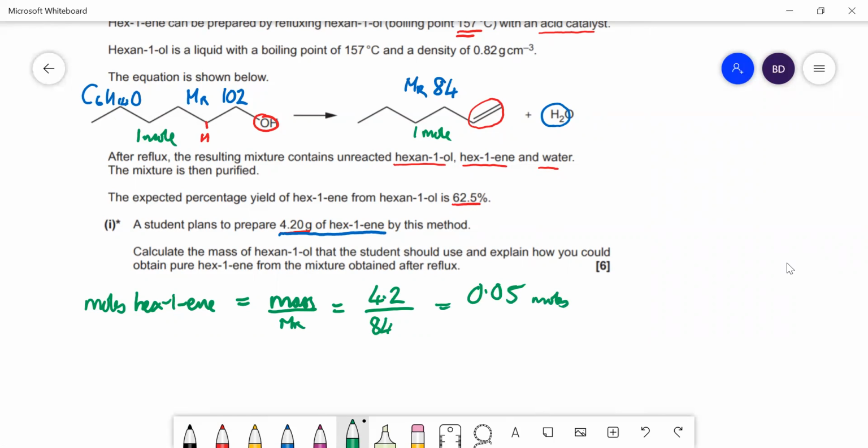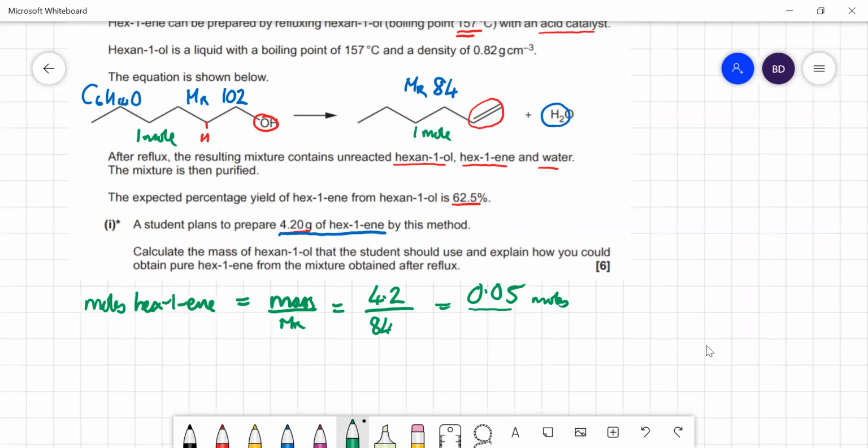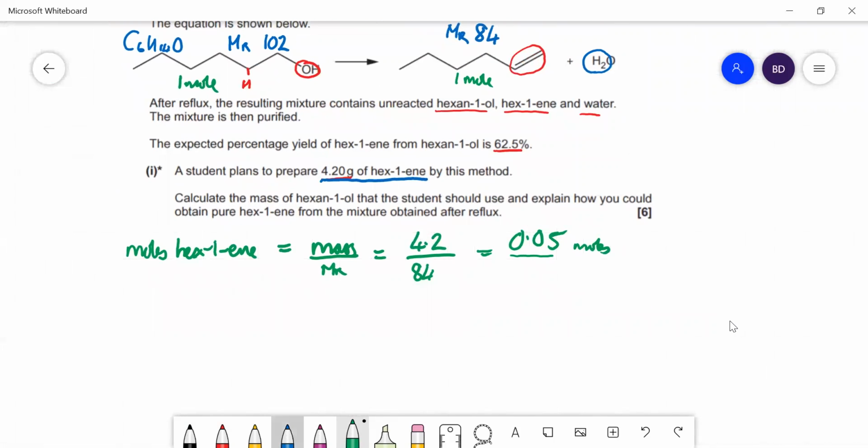Right. Now, the moles of hexanol we would need, if it was 100% yield, would be the same. So I'm going to write that down. So if 100% yield, moles of hexan-1-ol needed is equal to 0.05. We don't get 100%, you only get a 62% yield. Now I'm going to pretend we only get a 1% yield.